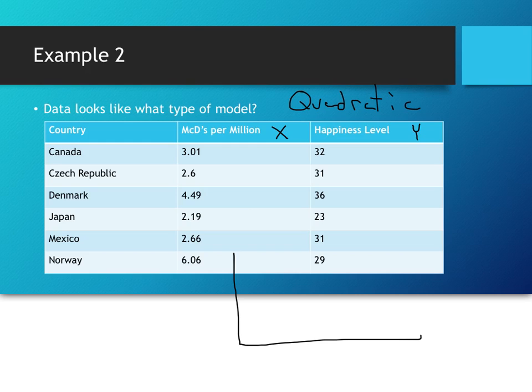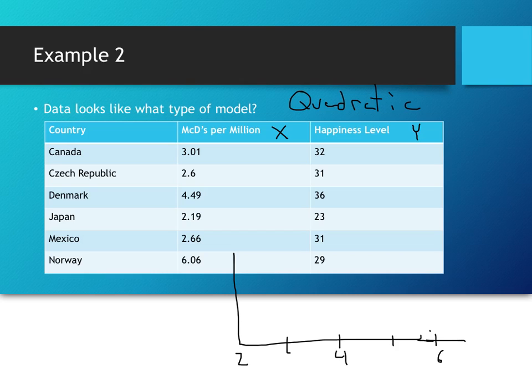Notice that everything in the McDonald's per million starts out at 2.19 as the smallest, so you can start at 2. Obviously, you want to get out to 6. Let's say that's 4, that's 6, 3, 5. So in other words, you don't have to start at 0.